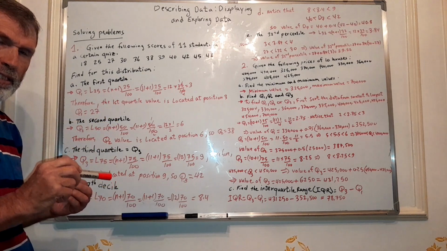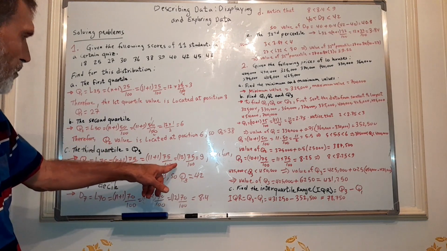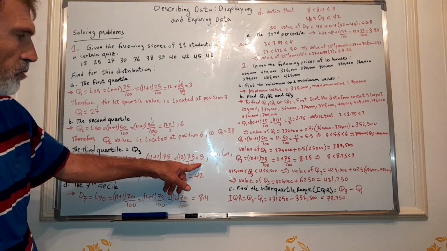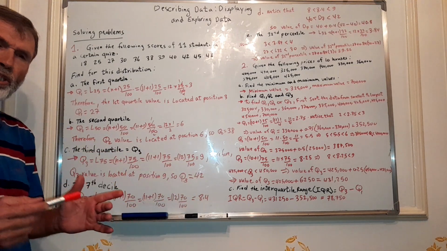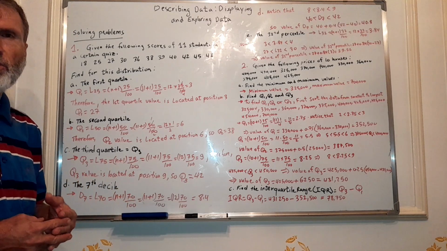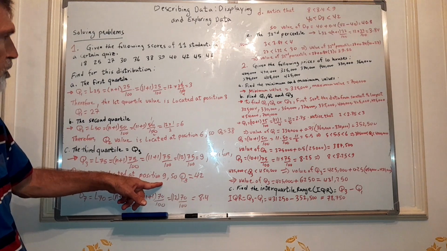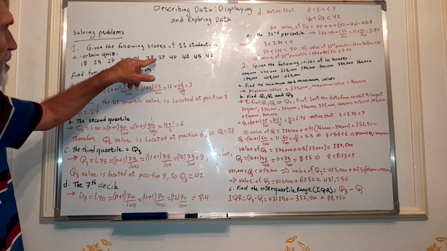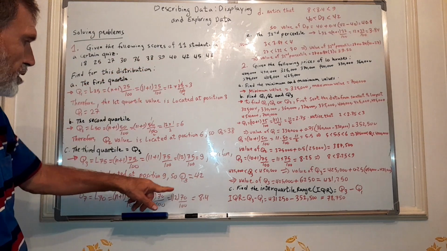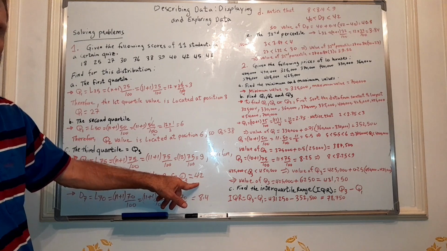N is 11, plus 1, 12. So 12 times 75 over 100, we come up with 9. Therefore, Q3 is located at position 9. We count 1, 2, 3, 4, 5, 6, 7, 8, 9. So it is 42. So the value of Q3 is 42.